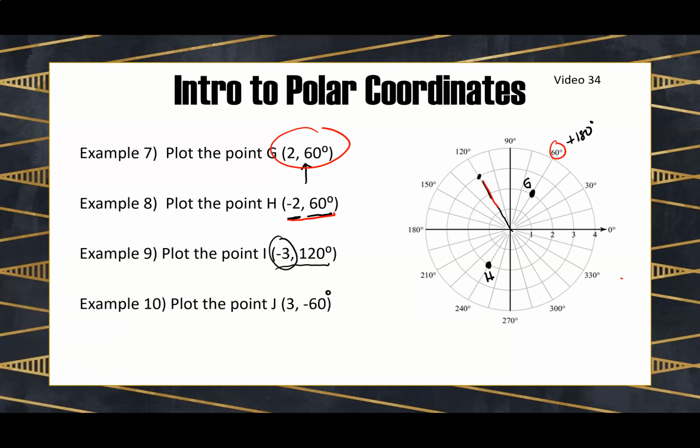So it was 3 here, and it's going to be a 1, a 2, and a 3 in that other direction. And our point is going to be right here. And again, if you have a hard time figuring out where that is exactly, you could have just done 120 plus 180 degrees to figure out it was on that 300 degrees. Okay, so that's my point I.